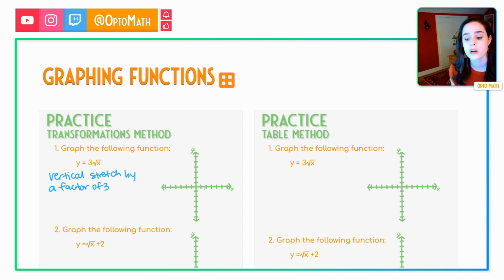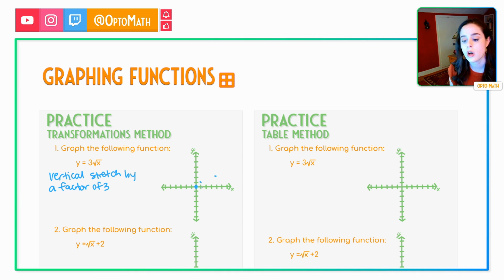So a square root function would be 0, 0, and then the square root of 1 is 1, and the square root of 4 is 2. So here are some original points, and we're going to be affecting our y values, so we're multiplying our y's by 3. So 0 stays the same because it's our x, and then 0 times 3 is 0. So it stays 0, 0. Now let's look at our point 1, 1.